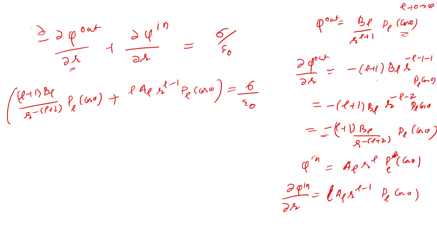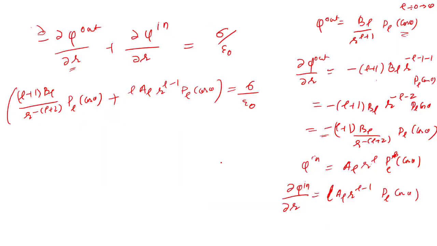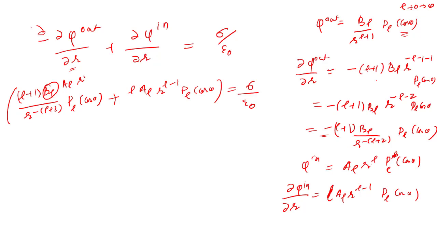Now in this relationship, we know what the relationship between AL and BL should be, because we derived it on the previous slide. So we know that BL should be equal to AL of this much. So I can write, instead of BL, AL times r to the power 2L plus 1, right?